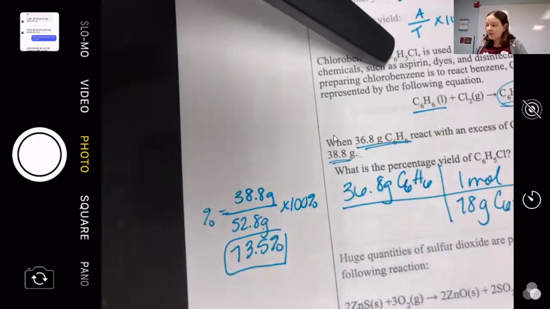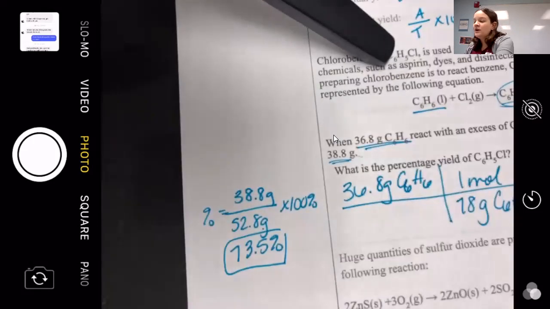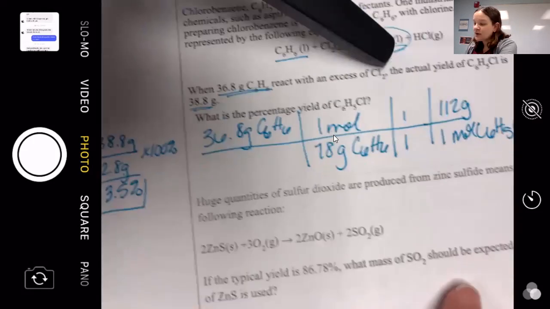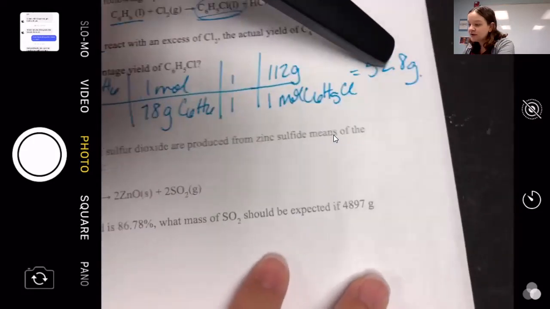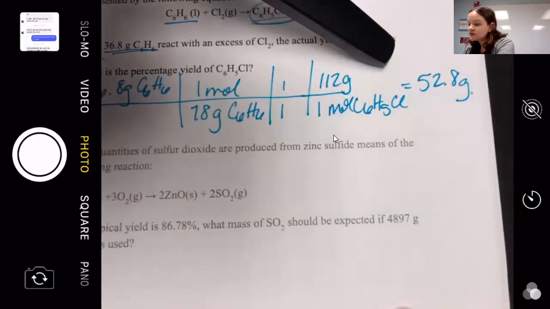In the second problem type, if you look at the way this problem is worded, it's a little different.